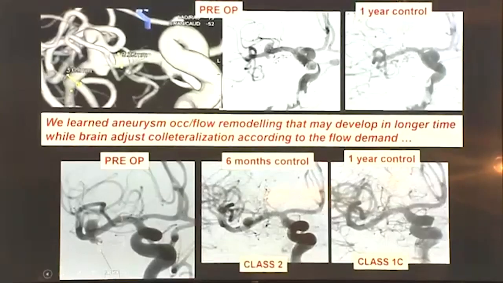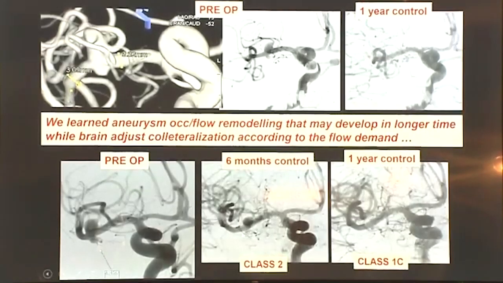So we also learned that when there's a branch coming off the sac, that's to say at bifurcations, it takes longer than the sidewall aneurysms. So we shouldn't get frustrated with the early controls, saying that, okay, the technique failed. No, it doesn't fail.